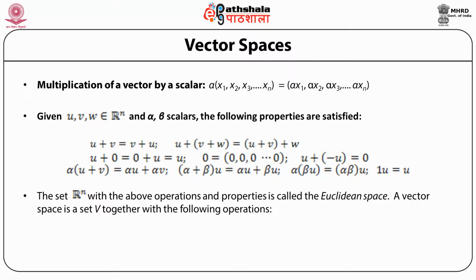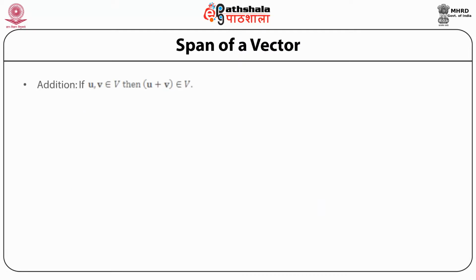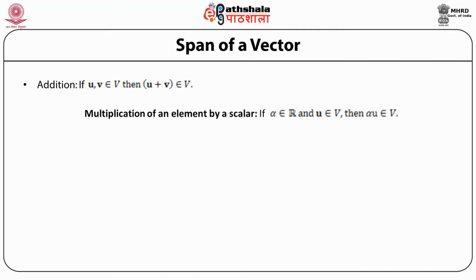A vector space is a set V together with the following operations. Addition: if u, v belong to the vector space V, then u plus v also belongs to V. Another is multiplication of an element by a scalar: if alpha belongs to R and u belongs to V, then alpha times u belongs to V. These operations satisfy the properties listed above.